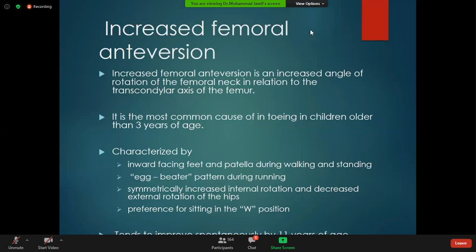It is characterized by inward facing feet and patella during walking and standing, a pattern exhibited during running, symmetrical increased internal rotation and decreased external rotation of the hips. Preference for sitting in the W position, because the children will sit in the W position. It tends to improve spontaneously by 11 years of age.